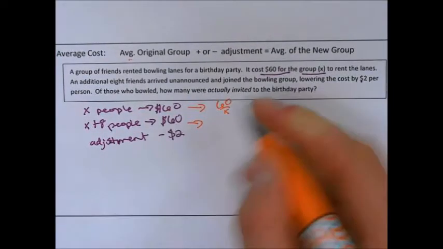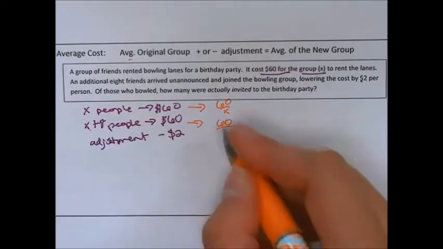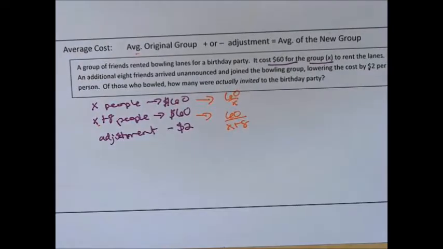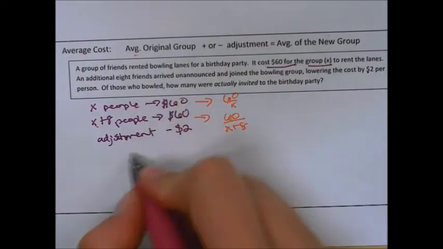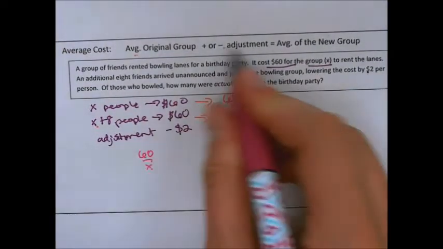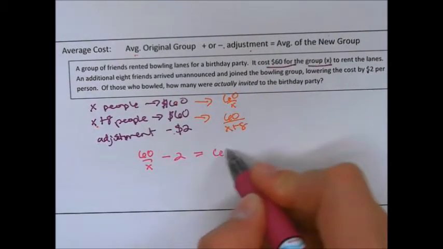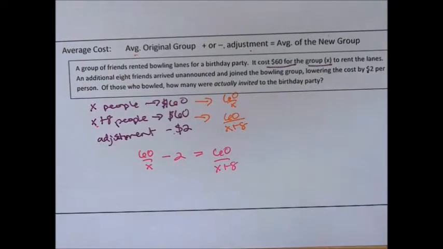This group split $60 by X plus 8 people. That's the new group. So I have the average of the original minus the adjustment, minus $2. Average of the new group is 60 over X plus 8.